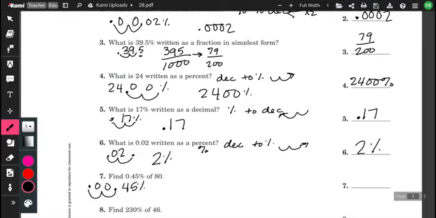Fill in the zeros. So our new decimal is going to be 0.0045. And I'm going to just multiply that by 80. I'm not going to do anything fancy. I'm going to multiply it by 80. And then I'm going to get 0.36.